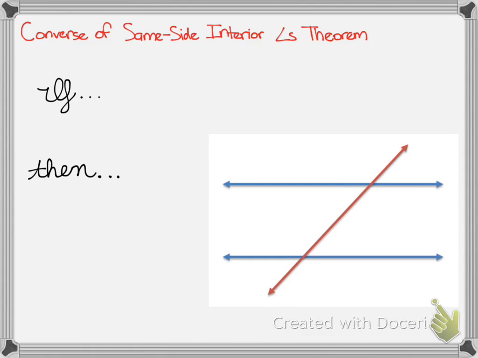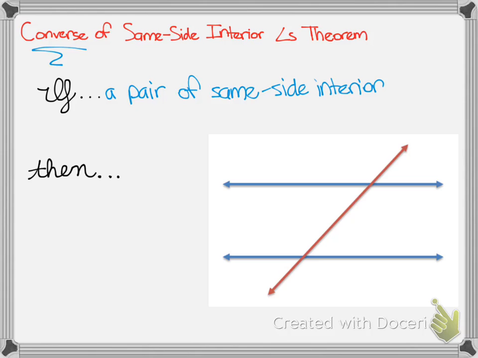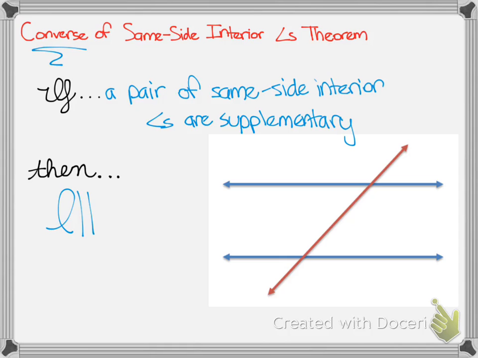Just like we have a converse of corresponding, we also have a converse of same-side interior. So if a pair of same-side interior angles are supplementary, then I can say that L is parallel to M. We'll call that L and M again.